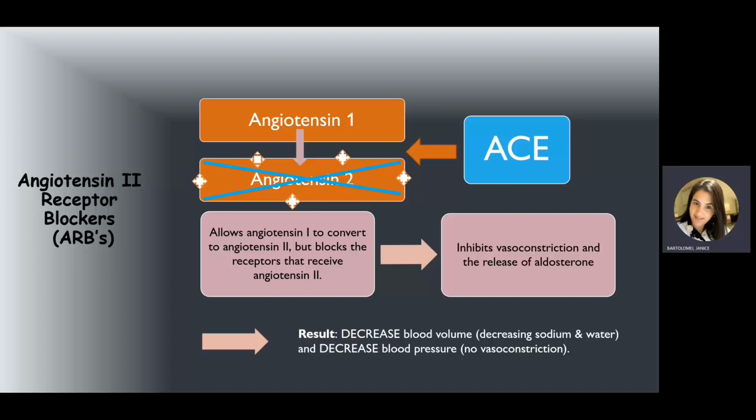We're actually blocking the receptors. So instead of acting on the ACE enzyme, we're blocking the receptors of angiotensin 2. The result is the same. If we block those receptors, angiotensin 2 can't act.